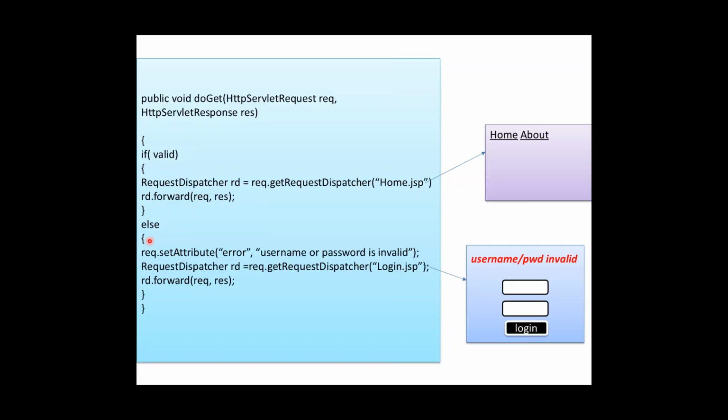Otherwise, if the username or password is invalid, request.setAttribute of error, username or password is invalid. You have to set the error message, and then dispatch this request back to the login page. Is it clear?